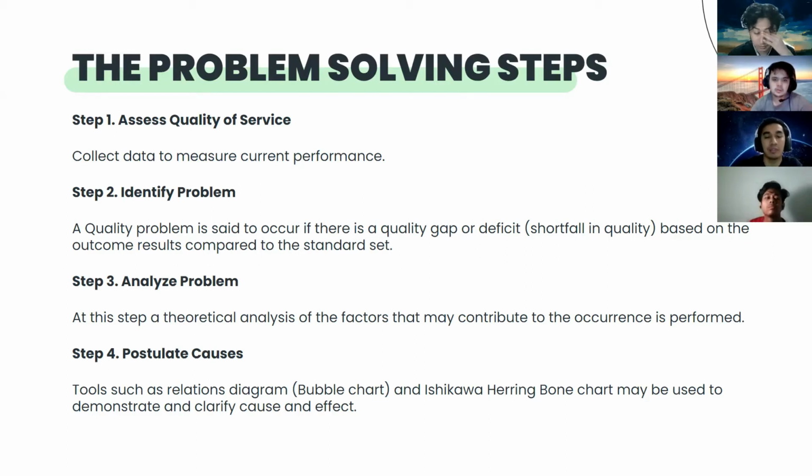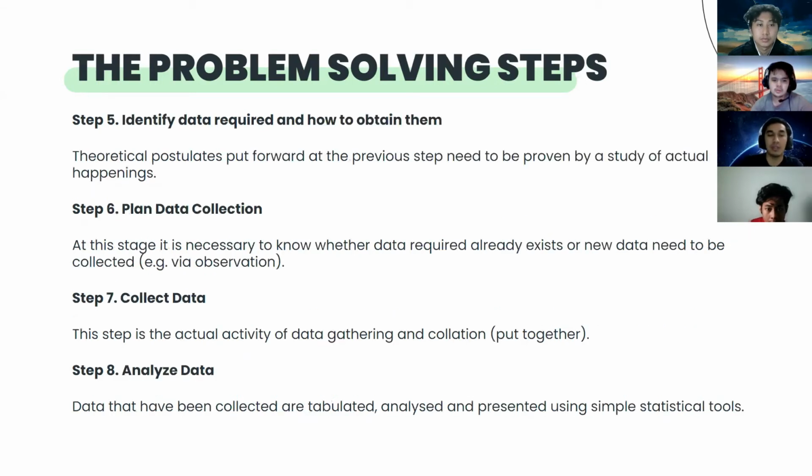That means you can use tools such as a diagram or any method that can assist your information of data. The next step is to identify the data required and how to obtain it. You identify the data that you have tried to simplify through the tool.